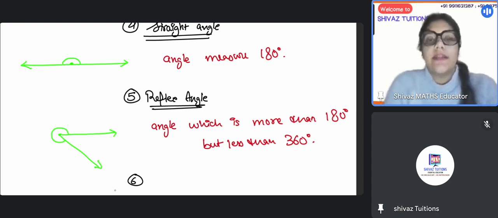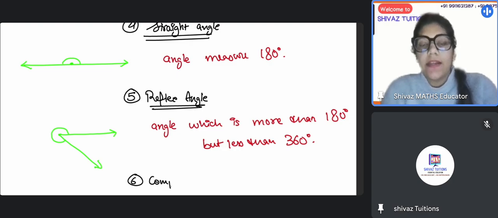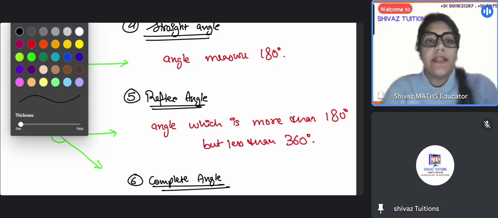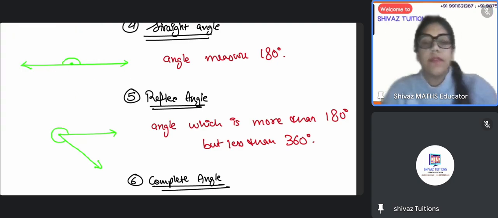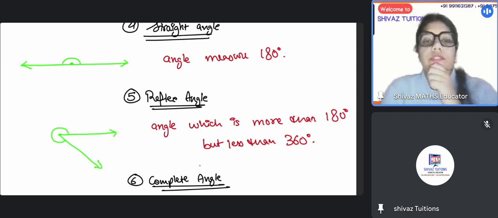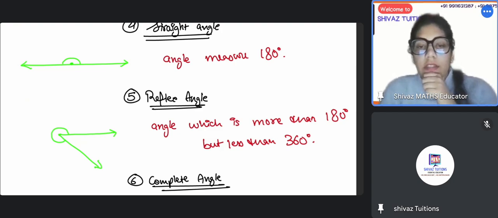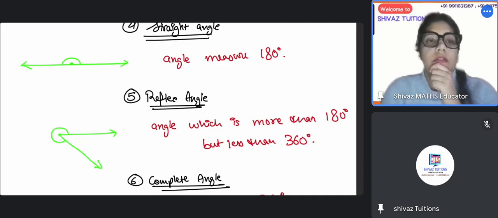Okay, actually, at last we have a complete angle, and a complete angle measures 360 degrees. Okay, just complete this down and then tell me so that we can move ahead.